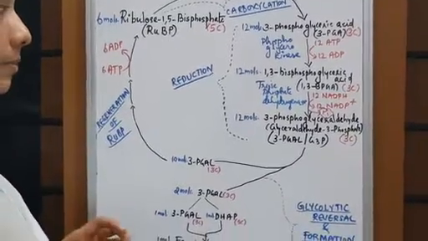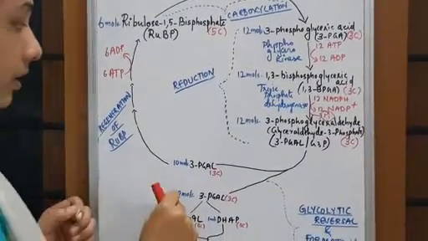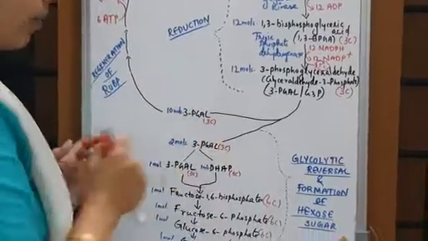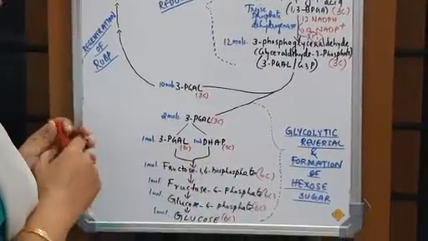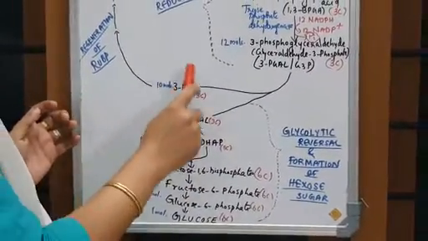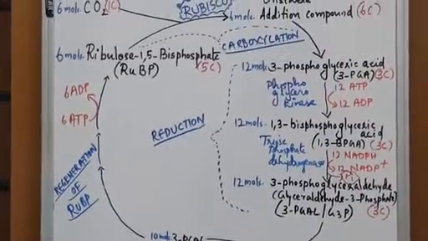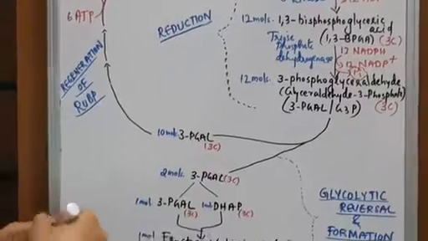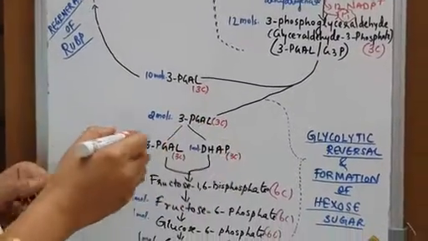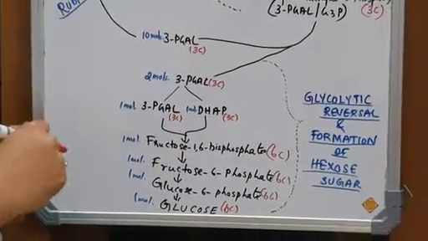For this purpose, we are taking 2 molecules of 3-PGAL out of this reserve for the synthesis of hexose sugar, and the remaining molecules of 3-PGAL are utilized for the regeneration of RUBP. So what happens to these 2 molecules of 3-PGAL taken for the synthesis of hexose sugar?